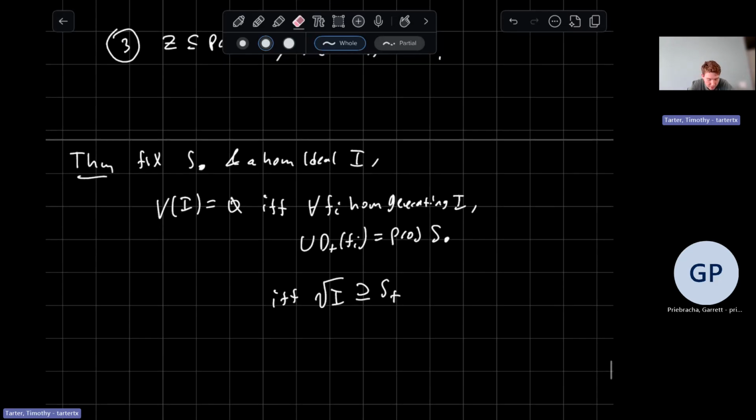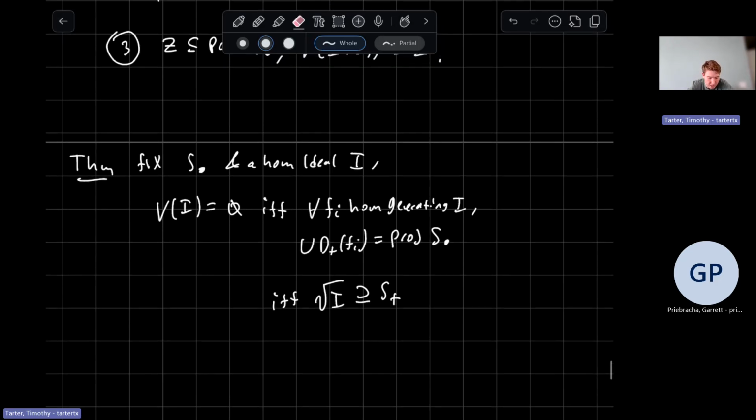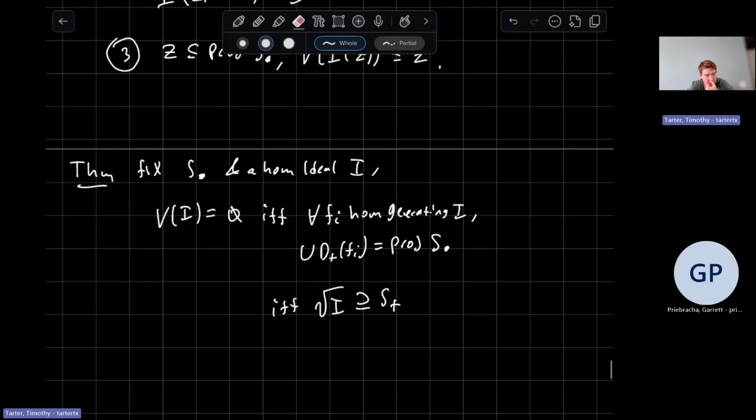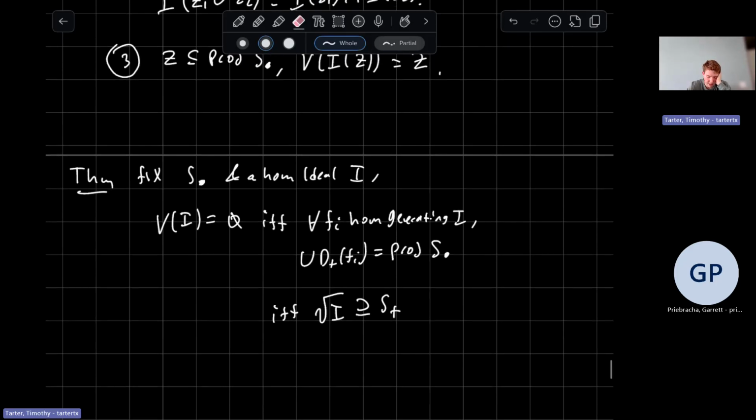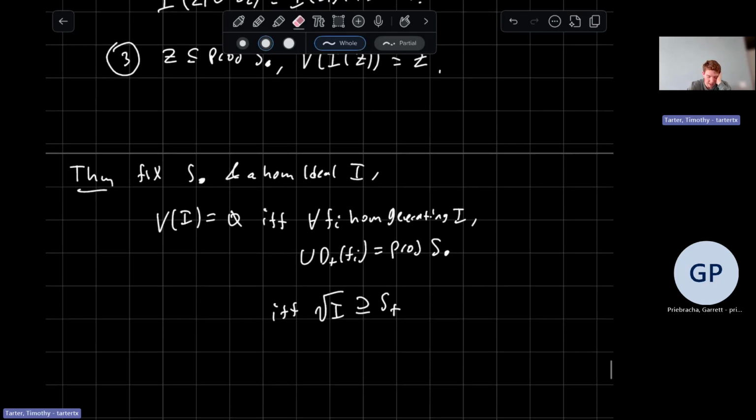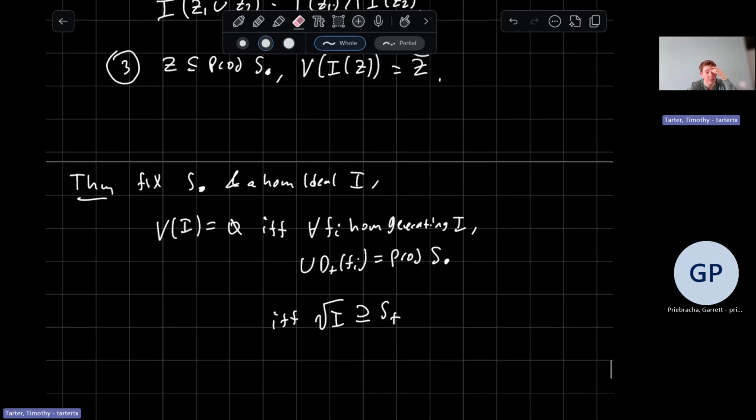Okay, so the variety of the ideal is empty if the functions in the ideal vanish nowhere. And then the homogeneous ideals generating I have non-vanishing sets that are the entire thing.